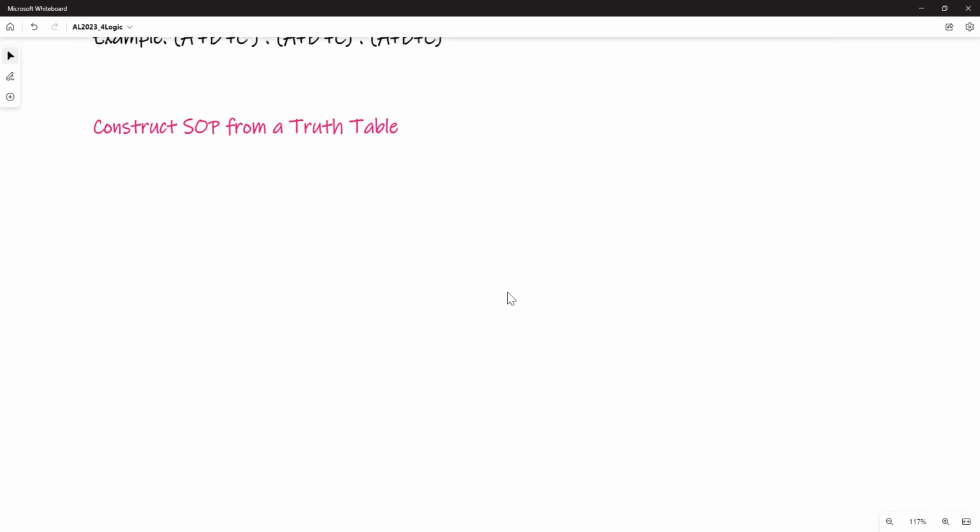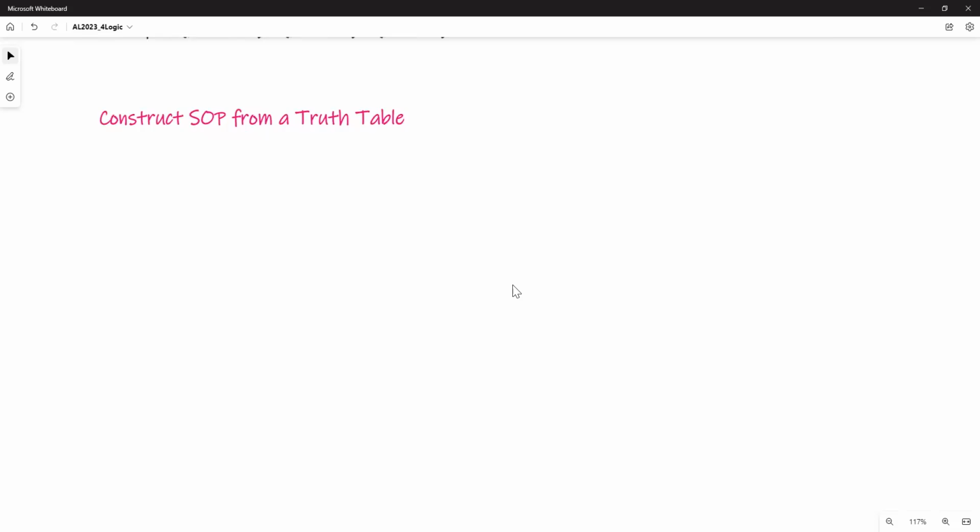To do that, I will first of all draw a truth table with some values. So let me put a table of values.